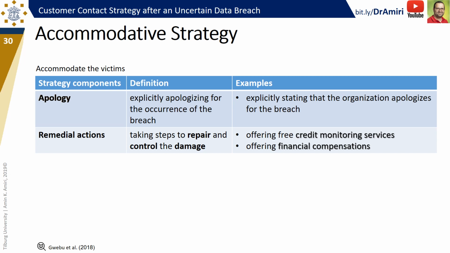At least the customer understands that you understand the problem that is caused for them and you feel responsibility for that. The second way to implement the accommodative strategy is to take remedial actions, trying to repair the harm that you caused, repair the financial status of the customers, and control the damage by offering free credit monitoring services, for example.